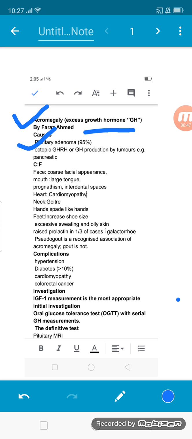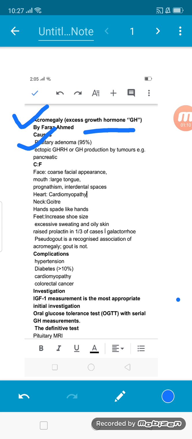Another reason is ectopic production of growth hormone releasing hormone from other tumors, like pancreatic tumors. As growth hormone makes your bones and different parts of the body grow, in hypersecretion they will grow more than normal.